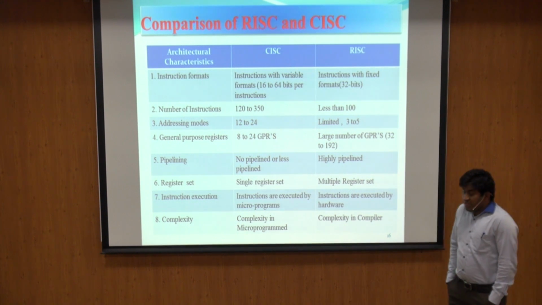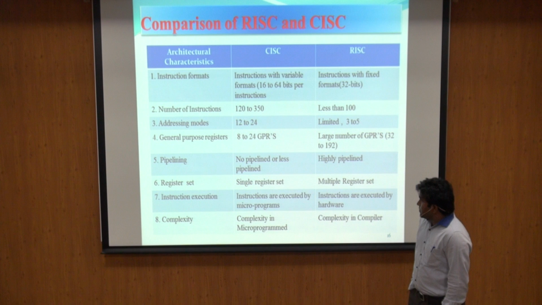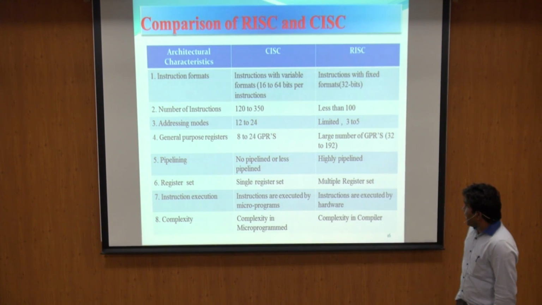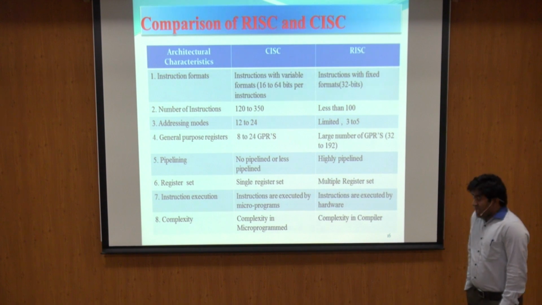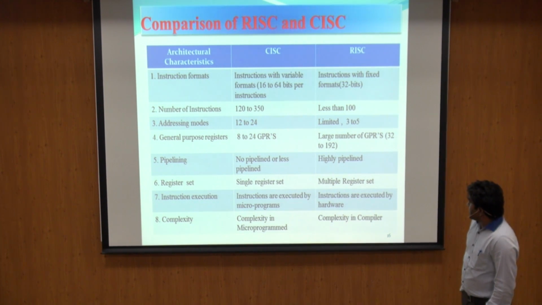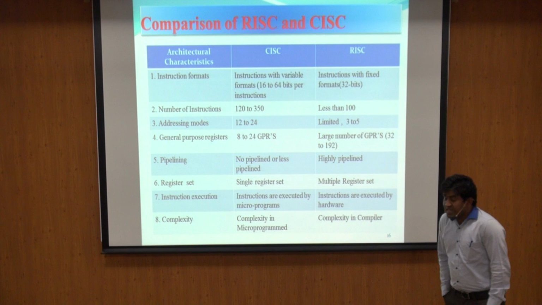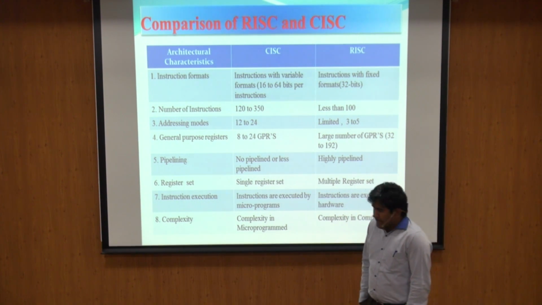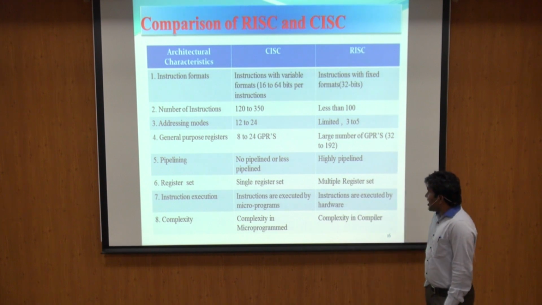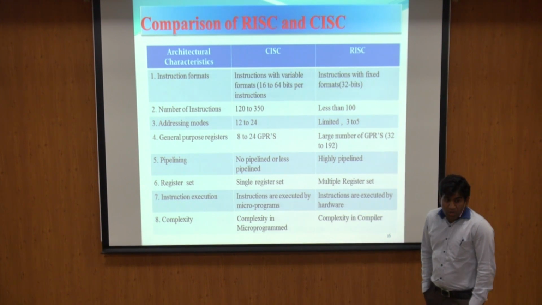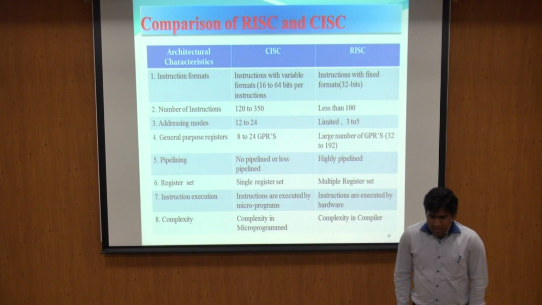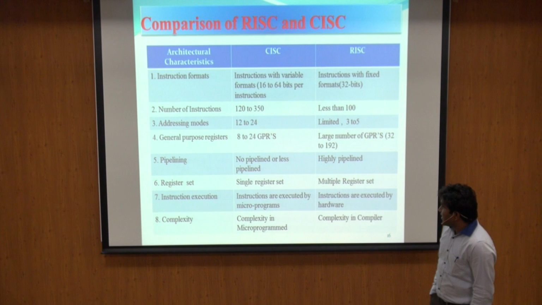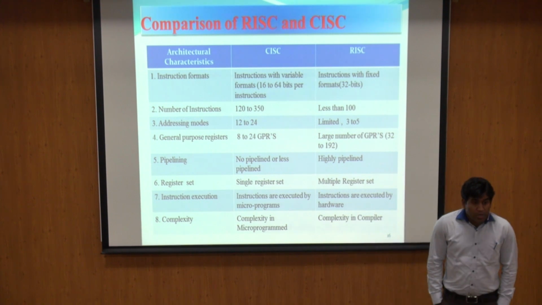For general purpose registers, CISC supports 8 to 24, whereas RISC has a large number, ranging from 32 to 192. For pipelining, CISC has no pipeline or a less pipeline, because it is difficult to pipeline this architecture, as it is based on the von Neumann type.